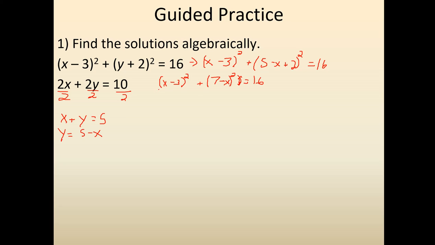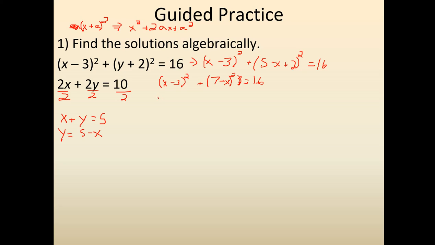Now, if you don't know, one way that you can quickly expand this is you can remember that if you have (x minus a) squared, then the expansion is going to look like x squared minus 2ax plus a squared. I'm going to use that to make my life a lot simpler and to save some room.